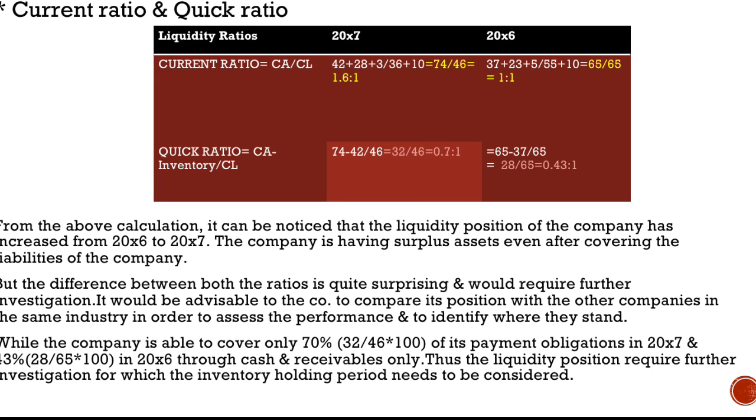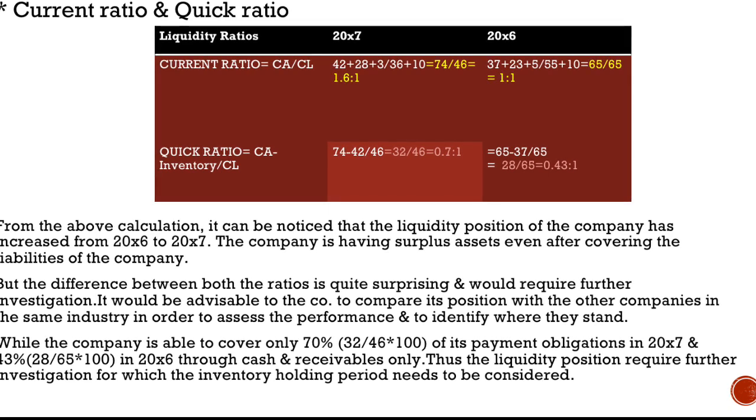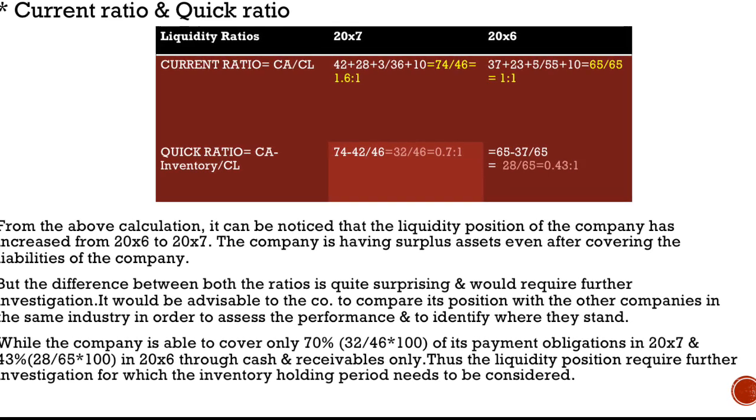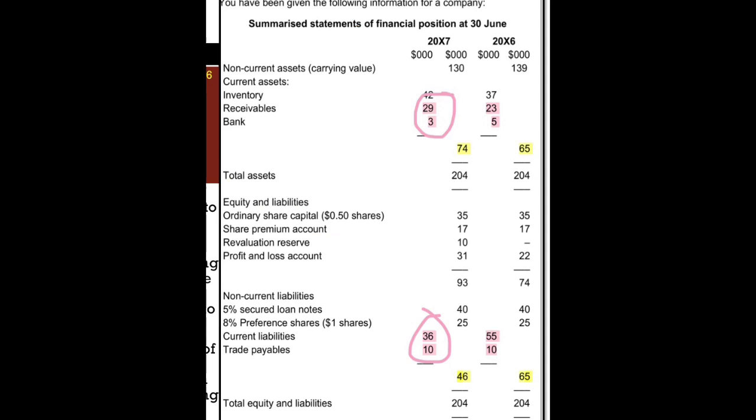Similarly for 2007 also you can do it in the same way, and for current assets either you can add 29 plus 3 to get the total of current assets. We don't add inventories. Or another way is that you can deduct 42 from 74.